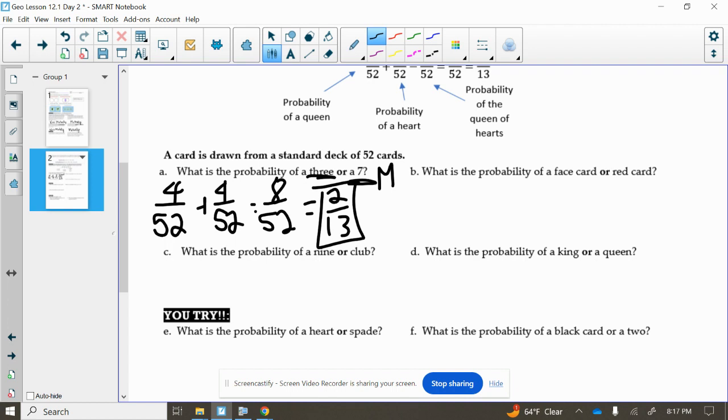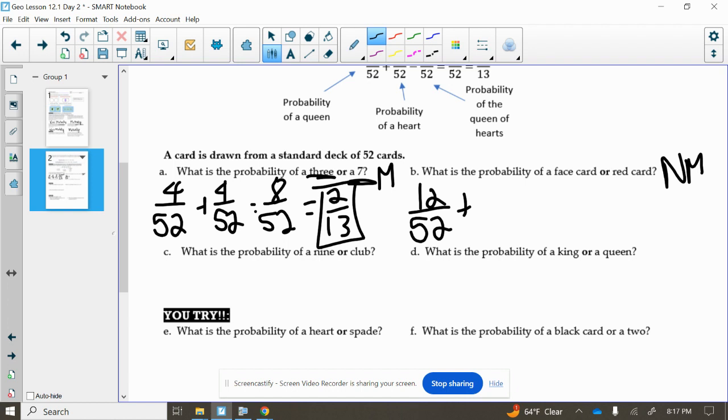What is the probability that it is a face card or a red card? Well, this is going to be non-mutually exclusive because we can have face cards that are red cards. Think about the Jack, King, Queen of hearts and diamonds, they are both. So, our face cards, there are three from each of our four suits, so a total of 12 out of 52 of the cards are face cards.